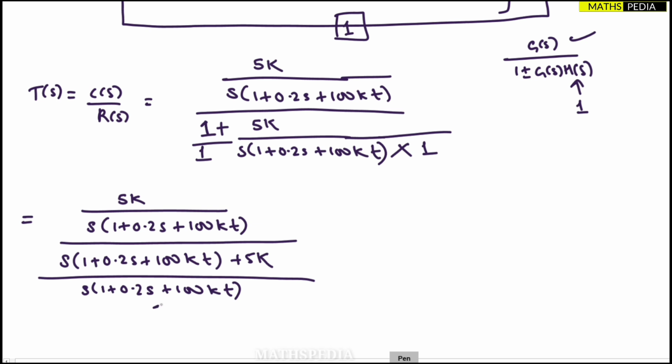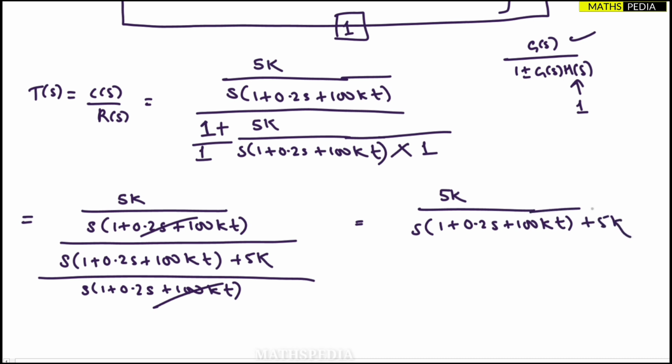Now here, can I cancel this entire thing and this entire thing? Yes, you can. Now what is left out is basically 5k divided by s into 1 plus 0.2s plus 100 kt, plus 5k. This we are getting. This is nothing but C of s by R of s.